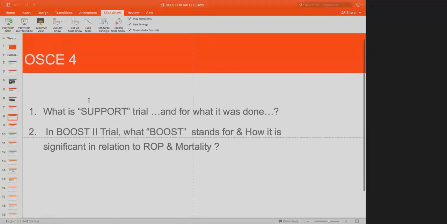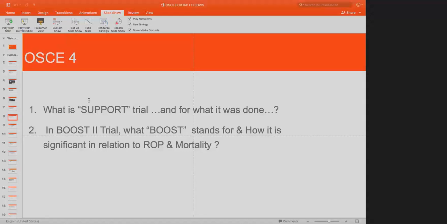So the fourth one is what is the SUPPORT trial and what was it done for. And the second one is the BOOST 2 trial. What does BOOST stand for and what is its significance in relation to ROP and mortality?